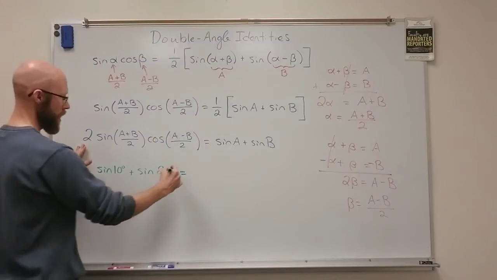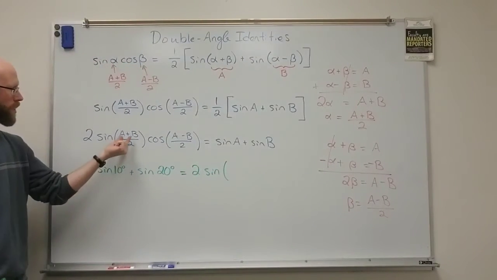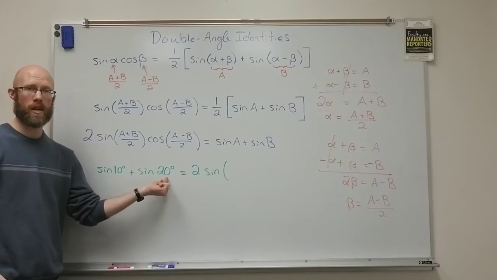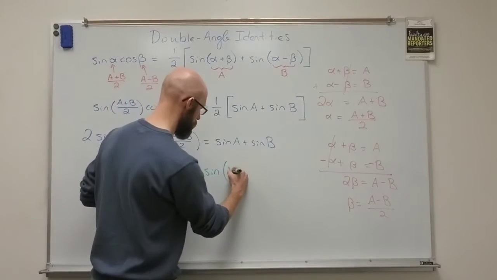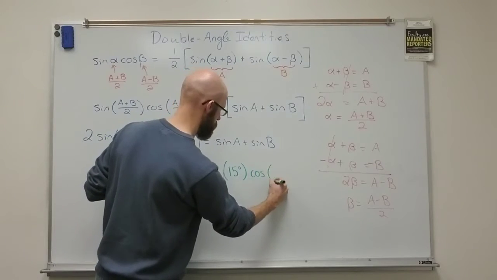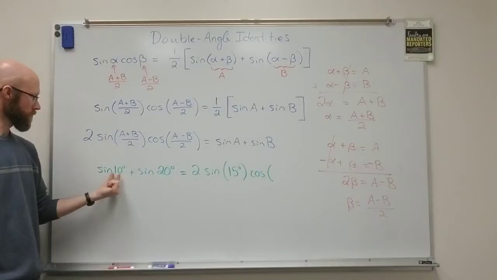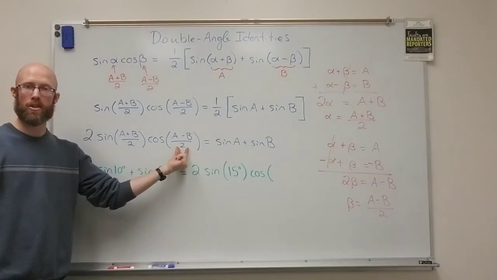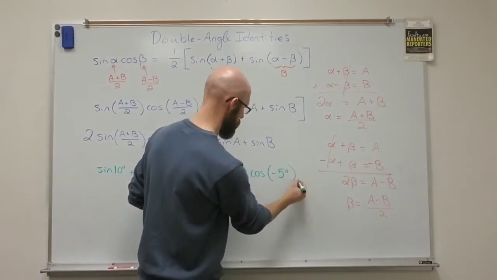I could convert that to 2 times the sine of A plus B over 2. Well, 10 plus 20 is 30, 30 over 2 is 15, so it'd be a 15-degree angle, times the cosine of A minus B over 2. Well, 10 minus 20 is negative 10, divided by 2 is negative 5. So it would be a negative 5-degree angle.